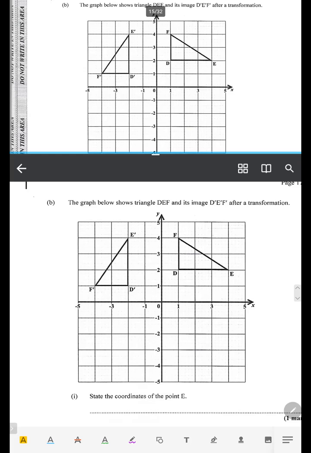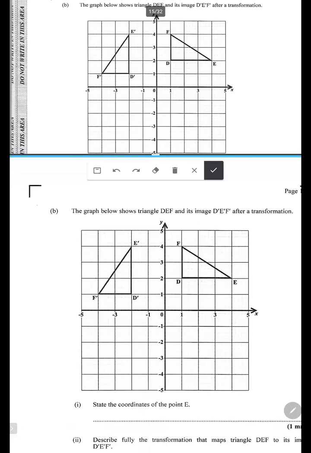If you look at the orientation letters, DEF on this is this direction, and on this one, DEF is the same direction. So the orientation is the same, anti-clockwise, with no change in orientation. So we know we have a rotation.